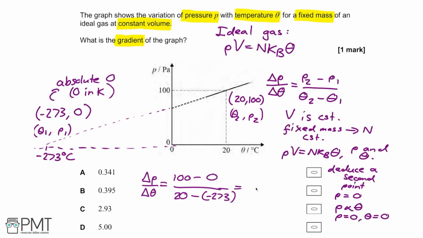So putting those numbers in, we get 100 divided by 293, which is equal to 0.3412969... which is approximately 0.341. Therefore, the answer to this question is A.